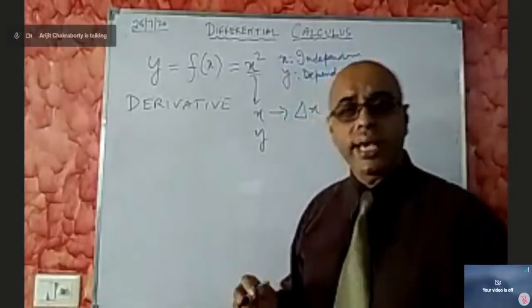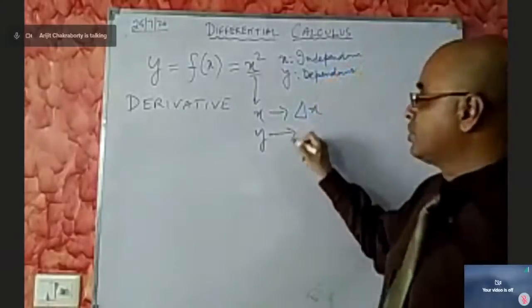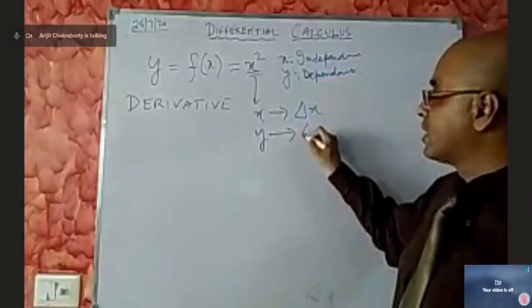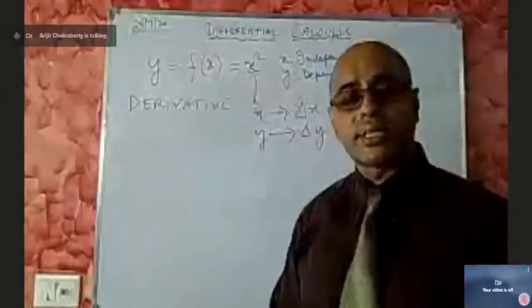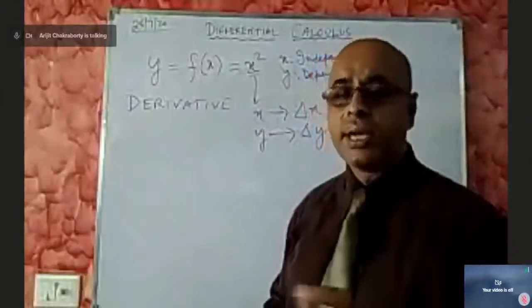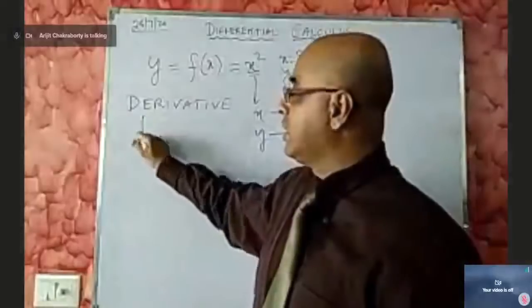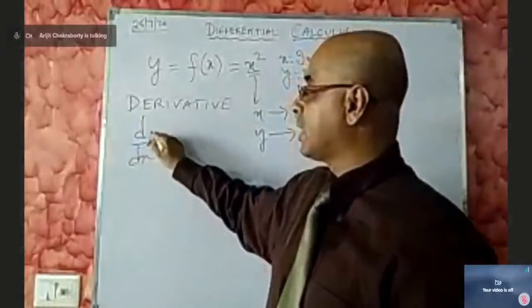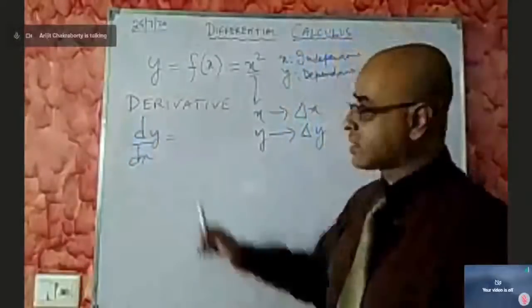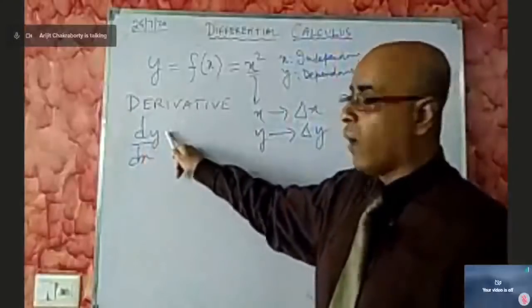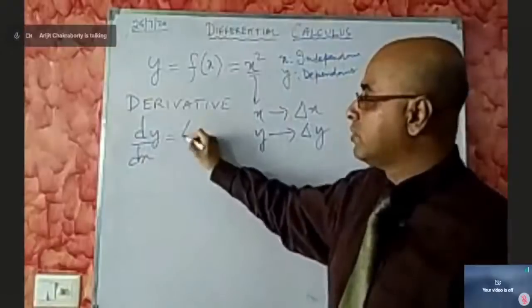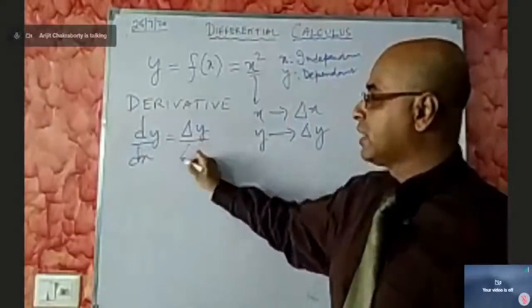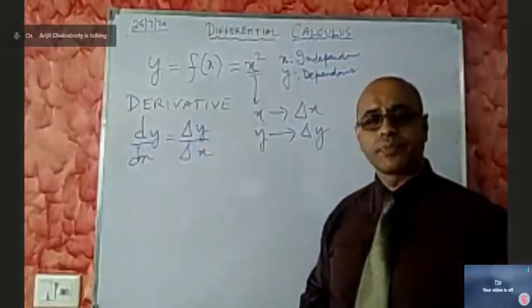And say the value of y changes by a very small amount, delta y. Then the derivative of this function f(x) is denoted by dy by dx, the derivative of y with respect to x.